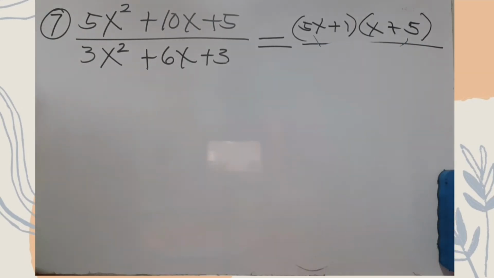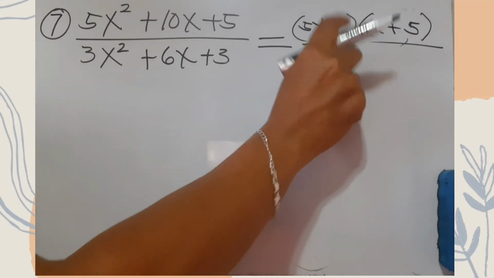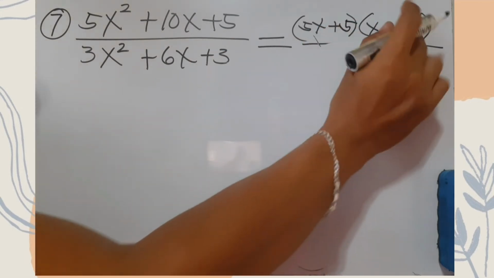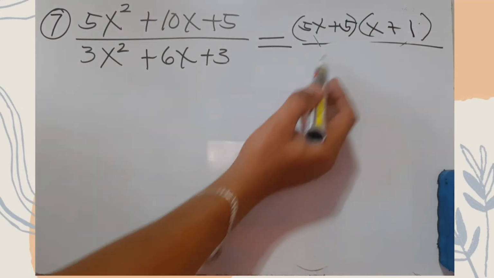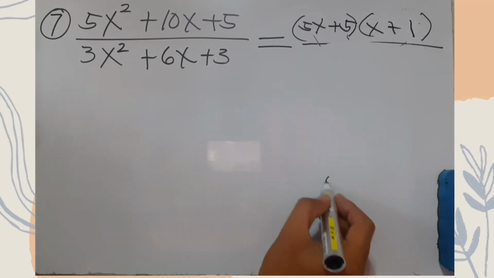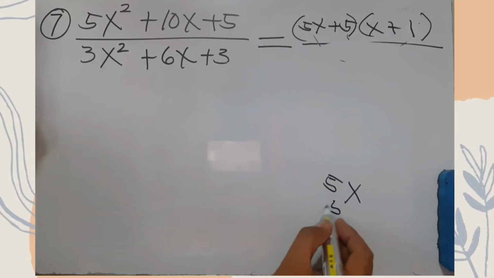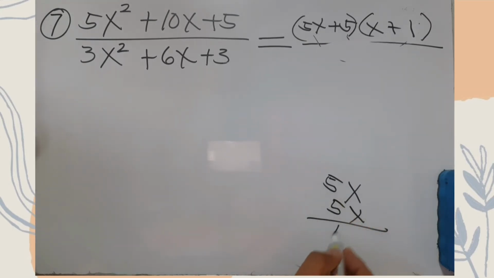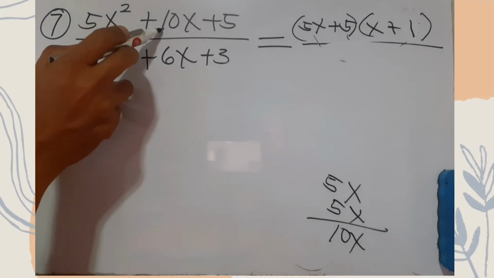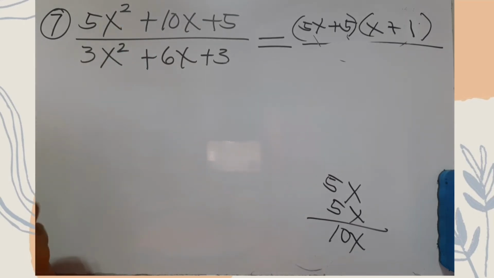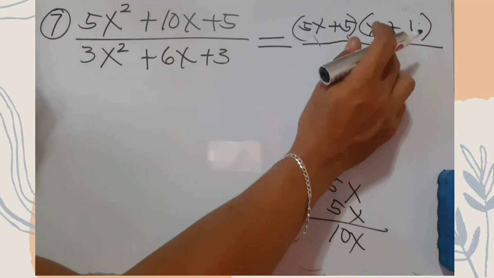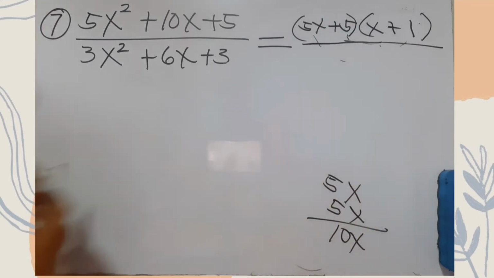Next, we can interchange 5 and 1 and try the same. 5 times x is 5x. 5x times 1 is another 5x. 5 plus 5 is, we have 10x, equal now to the middle term. Therefore, this combination of factors is correct.